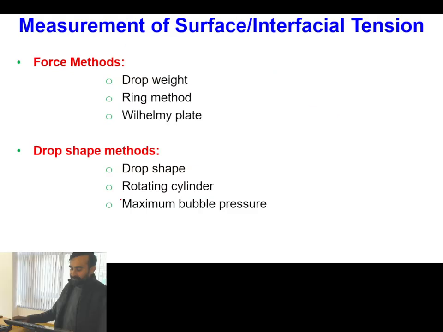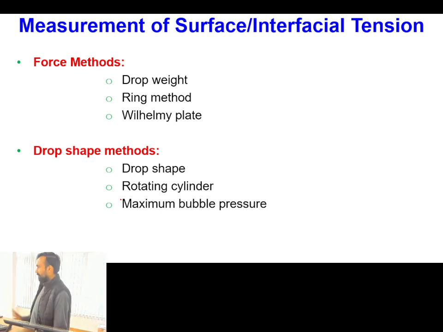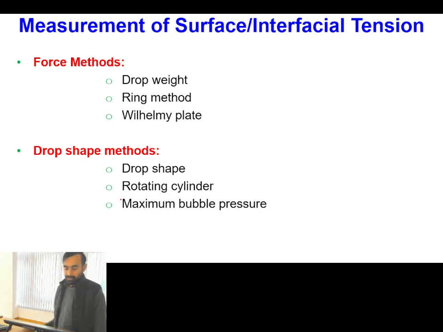As I told you, for common fluids the surface tension data will typically be available, but understanding interfacial tension is actually difficult from theoretical analysis. So we have to devise certain methods to calculate surface tension or interfacial tension. These methods are typically categorized into two ways.